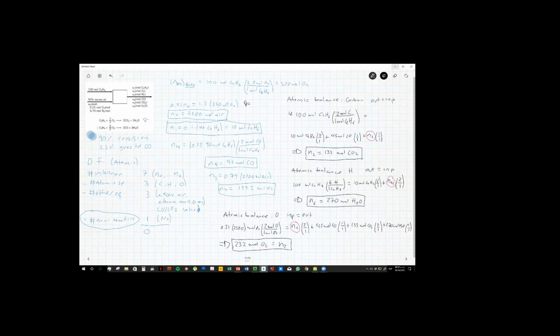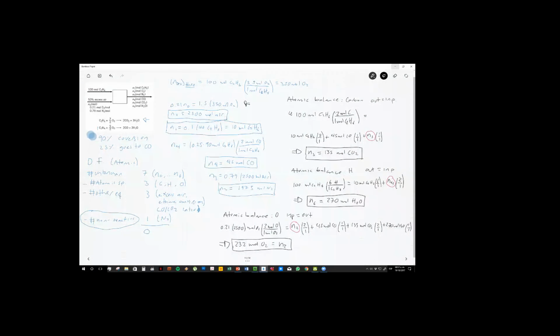So we know that the theoretical value is 350 moles of oxygen, right? We need to put 50% extra. So that's why I'm adding this 0.5, right? So there is 150% of air in total? Yeah, because it's 50% of excess, right?